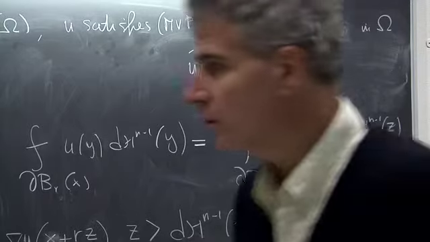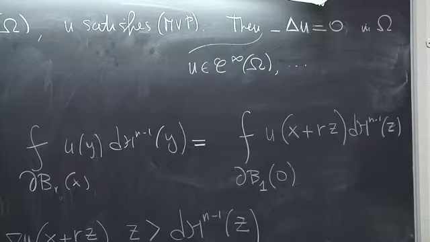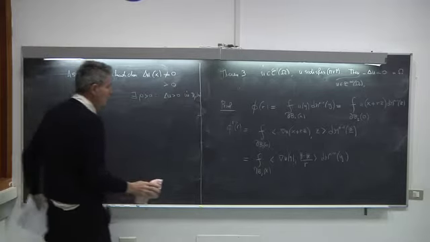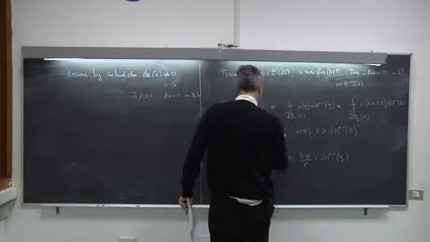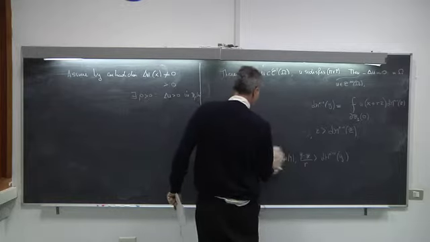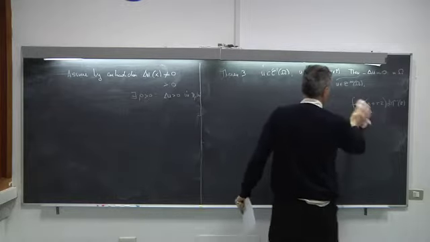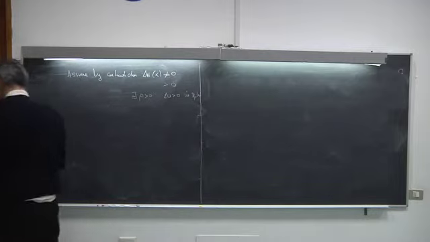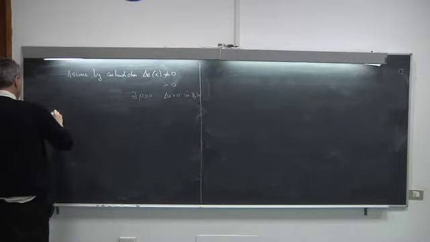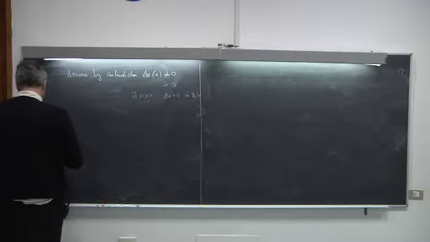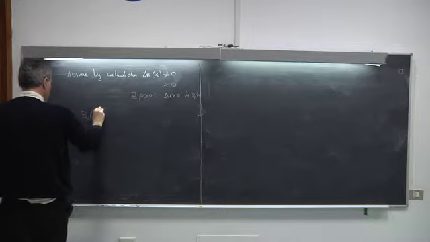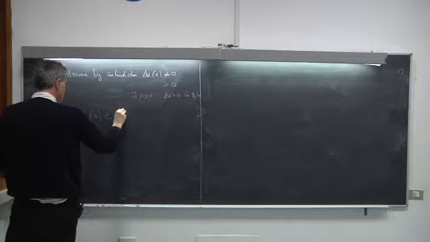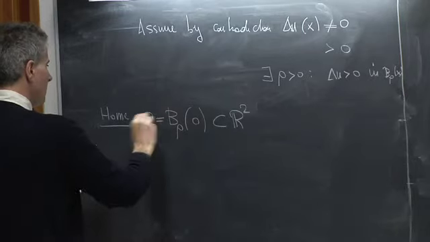Maybe I can leave you another homework, not so difficult, perhaps. Consider the ball of radius rho centered at the origin in R2. Let's call this omega.